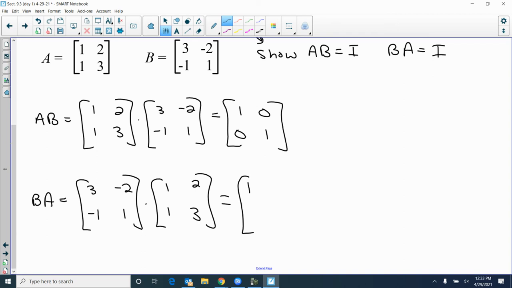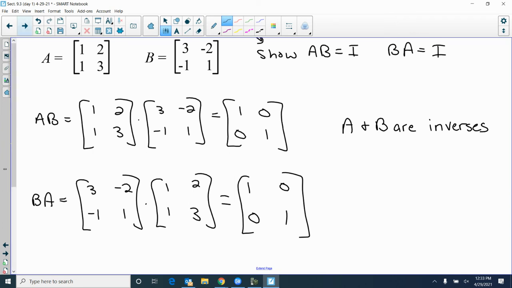I get 6 plus negative 6, which is 0. I get negative 1 plus 1, which is 0. I get negative 2 plus 3, which is 1. Since they both equal the identity, A and B are inverses.